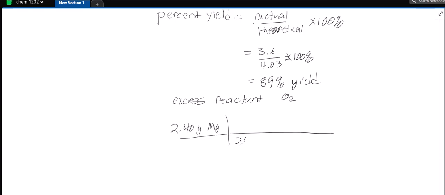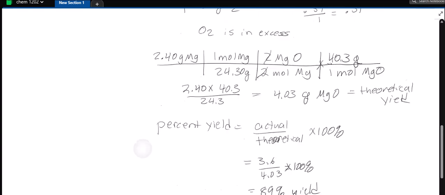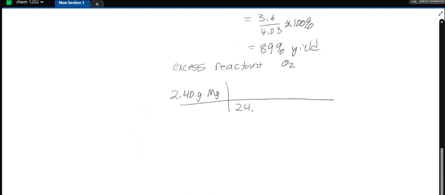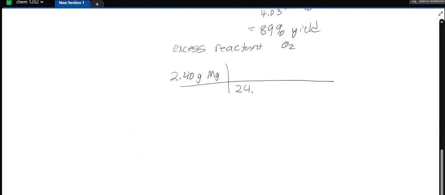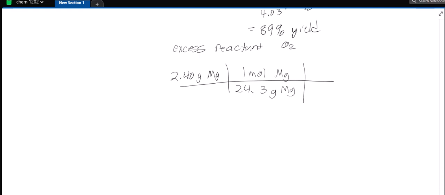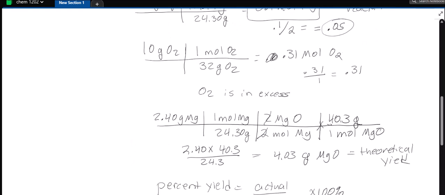Change that to moles, 24.3 grams magnesium per 1 mole magnesium. Then you use your coefficients from your balanced equation.